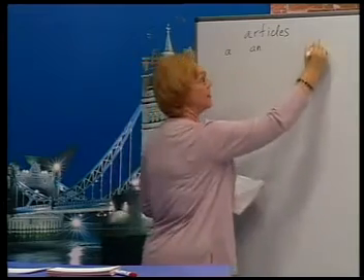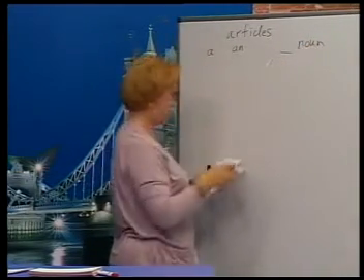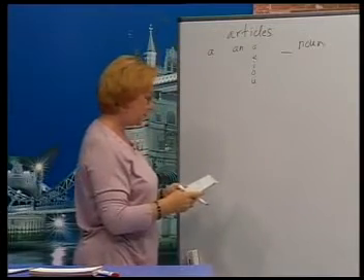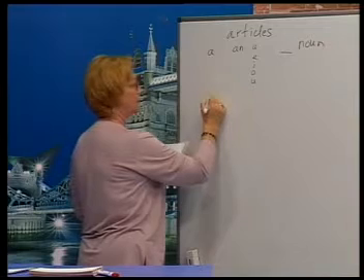They go before a noun, right here, a or an. Now, usually a is used before a noun, but an is used before a, e, i, o, u, depending on the sound.